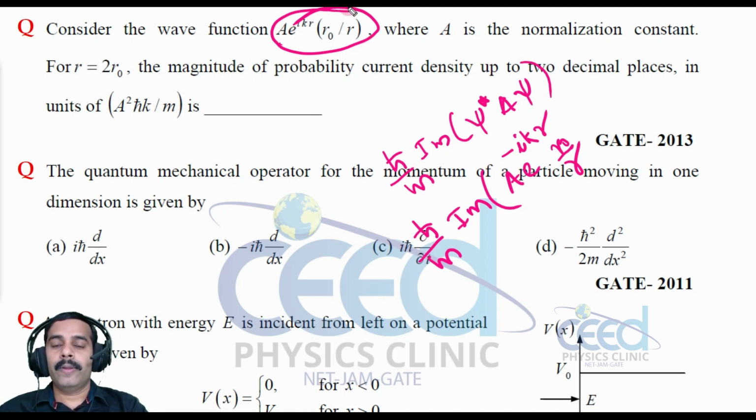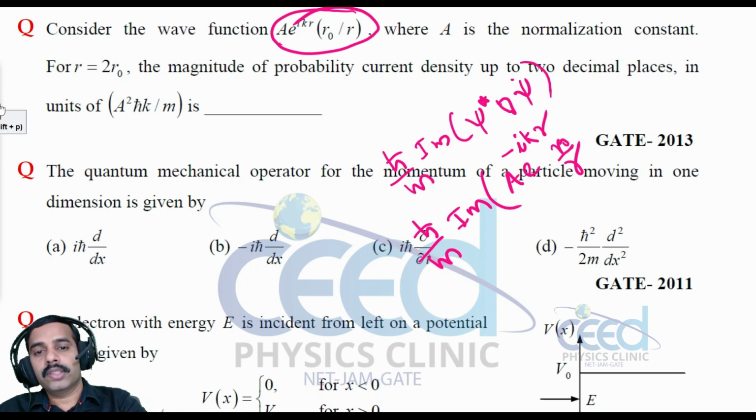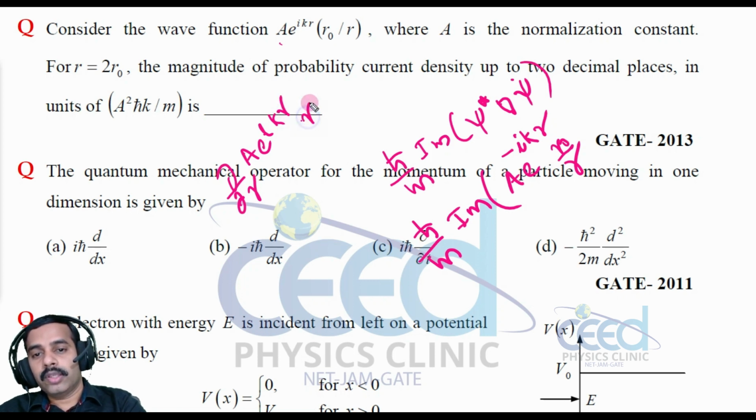So this is del psi. Now we can substitute the value of del psi here. So we need to find del psi, which is dou by dou r of this. So let me calculate dou by dou r of a e raised to ikr, r0 by r.